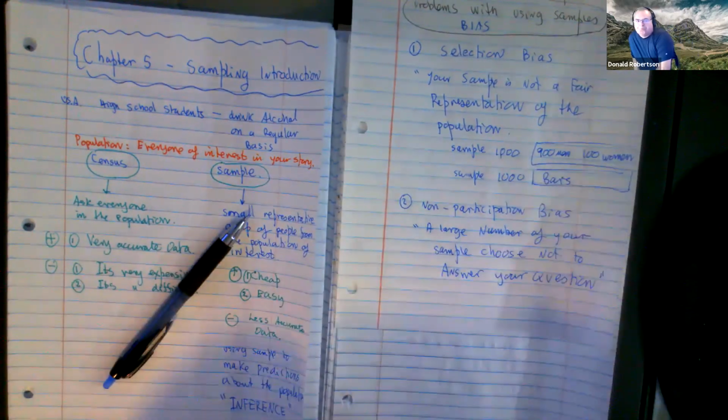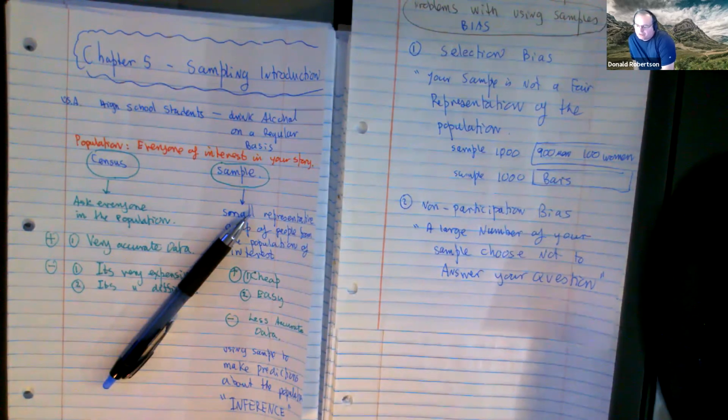Let's think of one. You send out a questionnaire to 1,000 people. And in your questionnaire, you ask them, who are you likely to vote for in the next election? And let's just say that people who are royalists don't want to tell people that they would vote royalist.